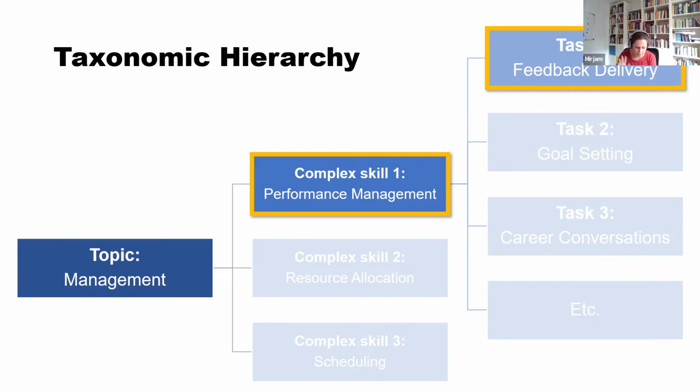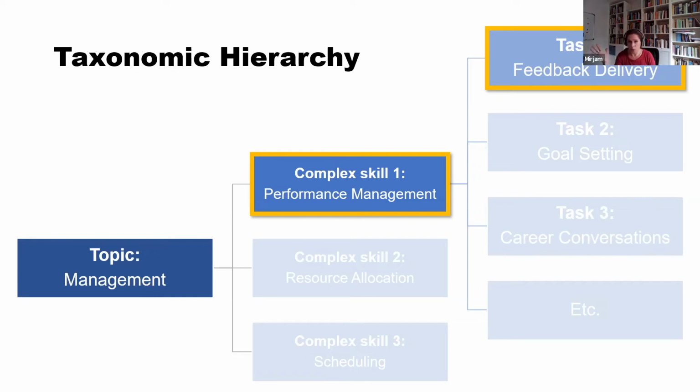So without going into the details, just because that would make it even more complex, our analysis so far suggests that we do need to look at the performance management, as in that is definitely part of the problem. And in particular, we need to look into feedback delivery.